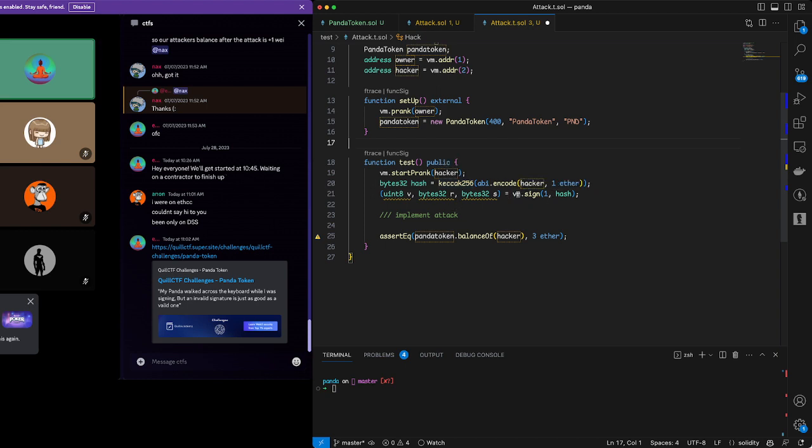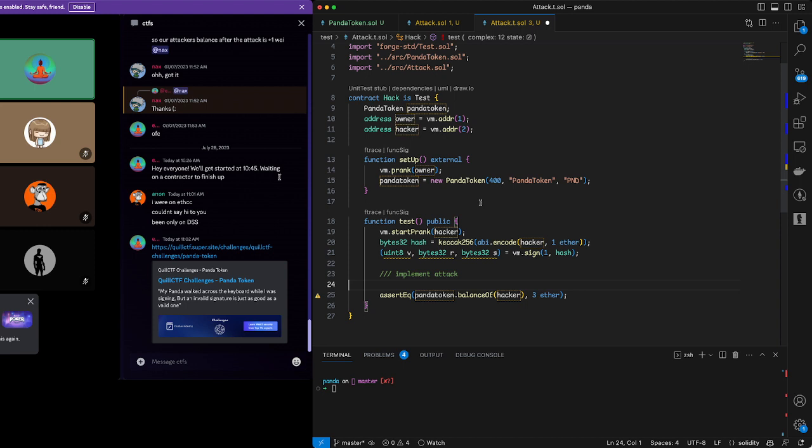And then it uses the Foundry vm.sign to generate the V, R, and S values. So remember, this is all defined by the CTF. I haven't written any of this code. Then you implement the attack, and then at the end of it, you need to assert that the balance of Panda tokens for the hacker is equal to 3 Ether, aka 3 PND. It's just, again, casting that number.